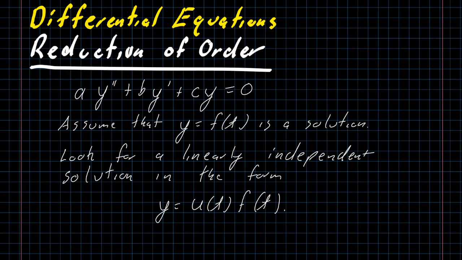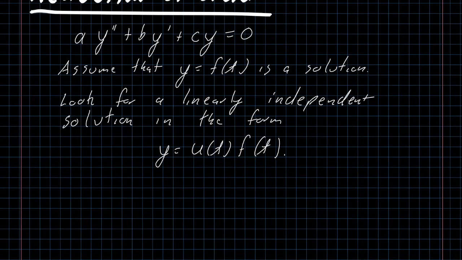is to look for a second linearly independent solution, which is going to be in the form y equals some u of t times f of t. And if we differentiate, remember here that u and f are both functions of t.